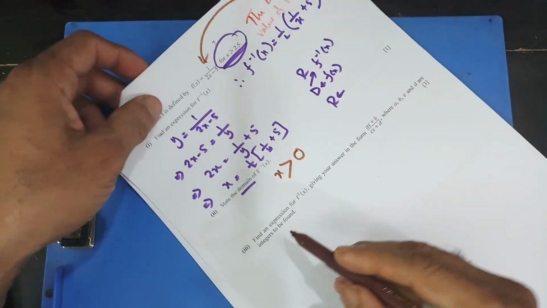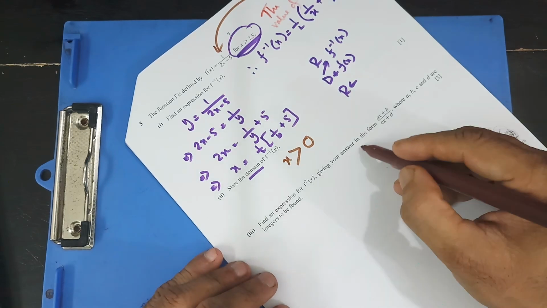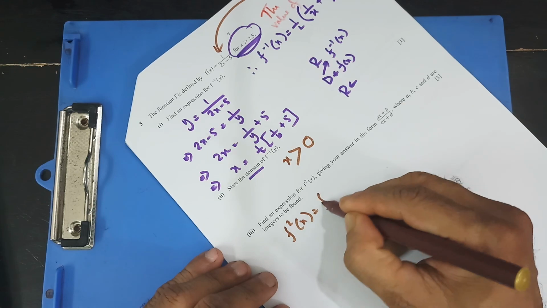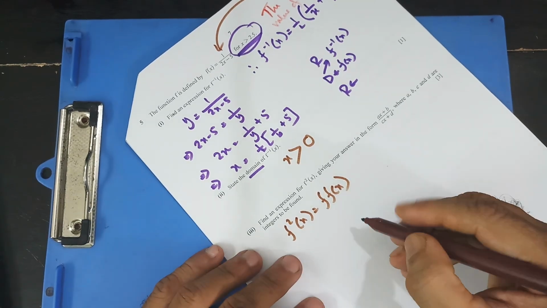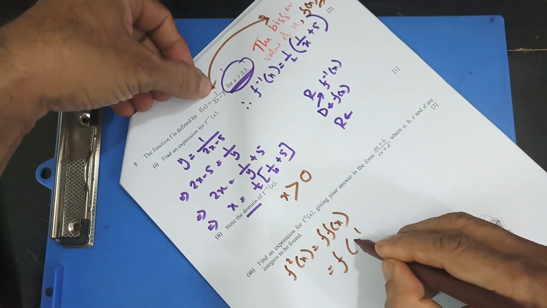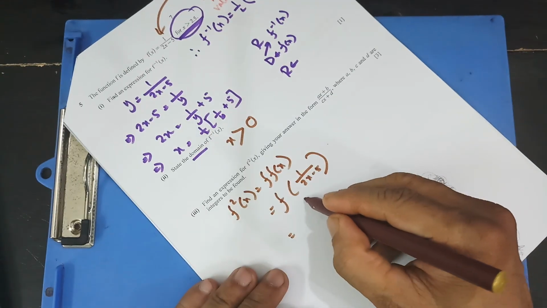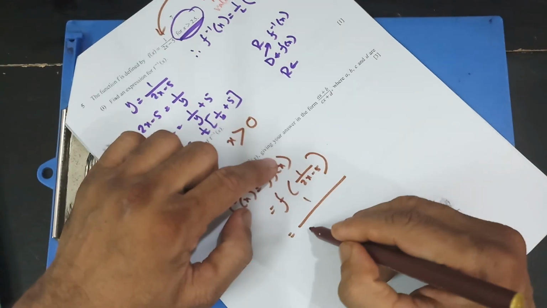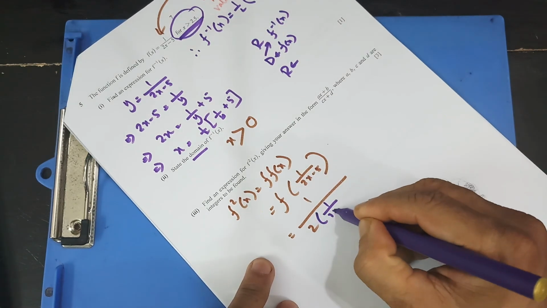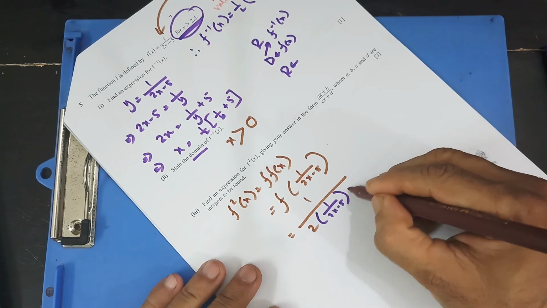Okay. Now find the expression for function squared x, giving your answer in this form. So this actually means the composite function of f of f of x. So f is 1 over 2x minus 5, and I'm going to replace the value of x by 1 over 2x minus 5, then minus 5.